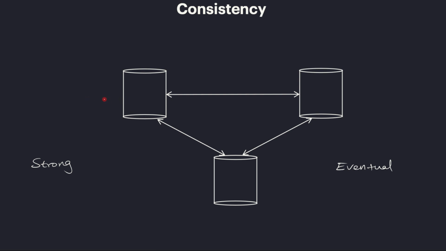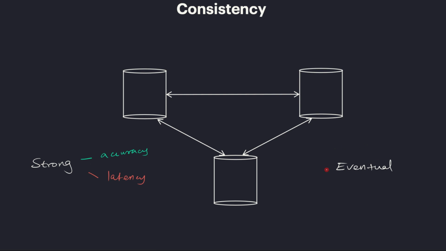So that is the downside. Latency is the downside, but accuracy and reliability is the upside. So with strong consistency, latency is the problem, but the advantage is accuracy and reliability.